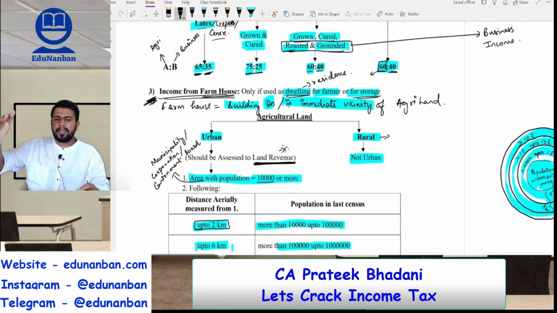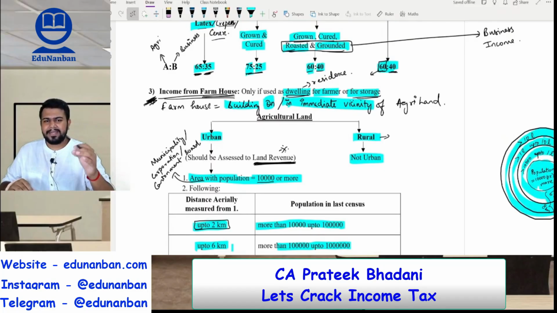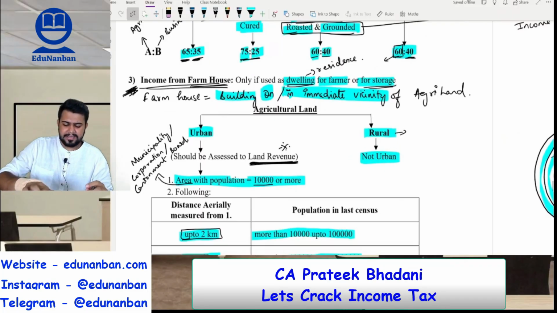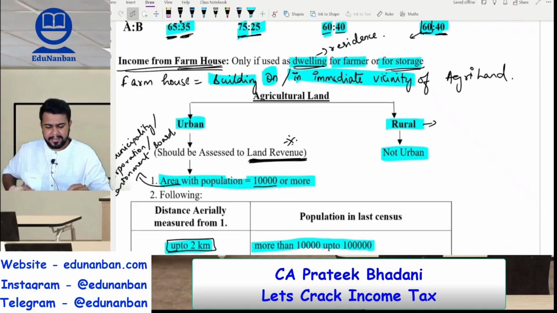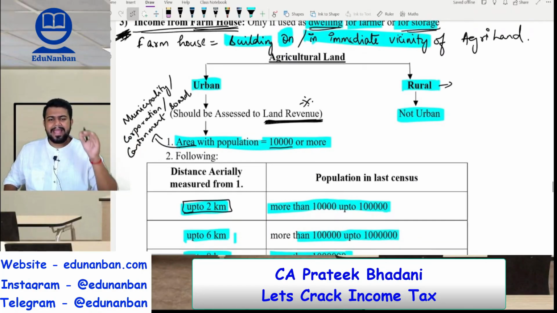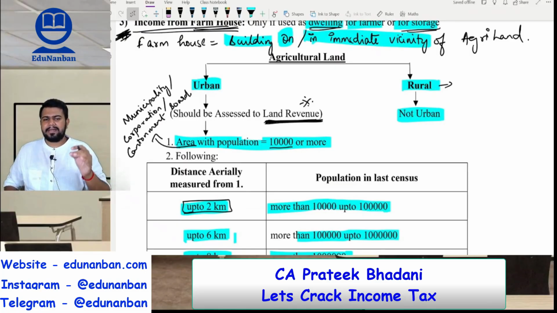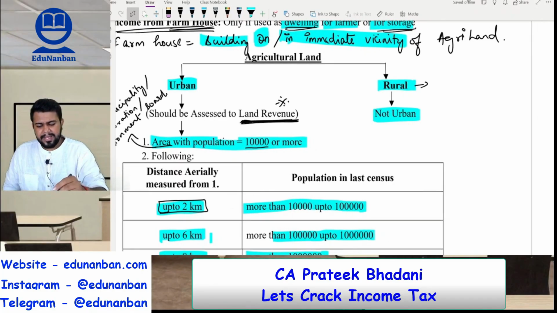So now in all these points related to agricultural income, we spoke about agricultural land. Let us discuss what is agricultural land. Very simple, sir. Any land on which agriculture is done is called agricultural land. This agricultural land can be a rural agricultural land or urban agricultural land. Now, what is a rural agricultural land?